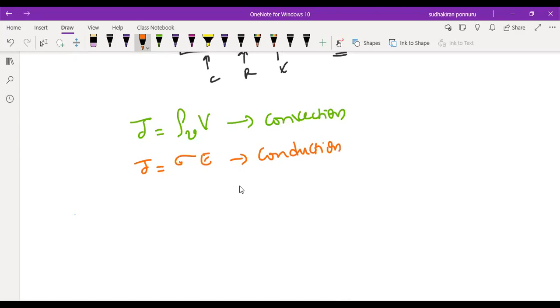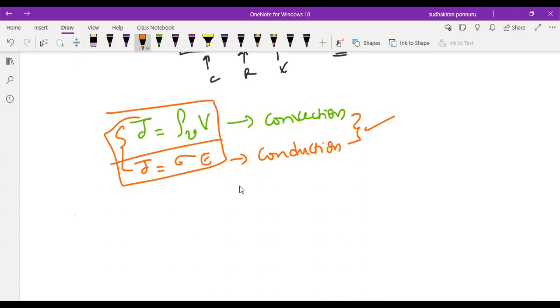In some examinations, they will ask you to derive the expression for conduction current density as well as convection current density, for essay type answers. So at that time you have to write both equations. Depending upon the type of question, you have to proceed with the answer. That is a very important point.